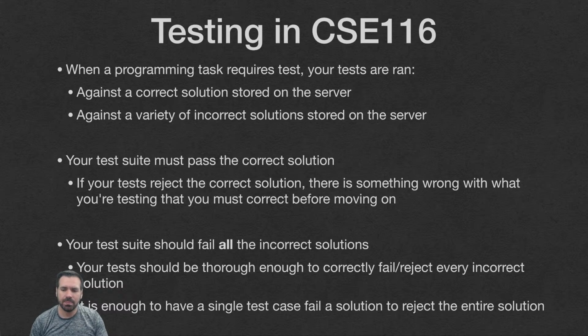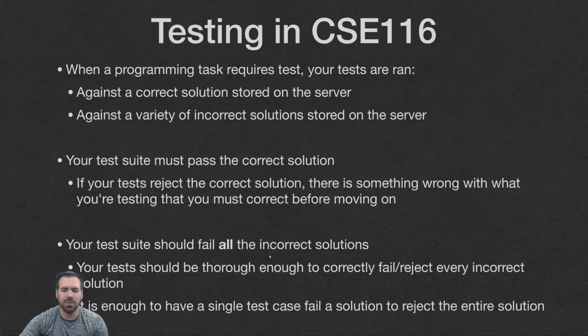You only need one test for each incorrect solution, but you do need to fail every incorrect solution that we give. And we'll have incorrect solutions for all of the common bugs that developers might write. Your tests need to be able to identify them all as bugs and fail all those incorrect solutions. If you do that, then Autolab will say your tests are good and give you all the credit for the tests.